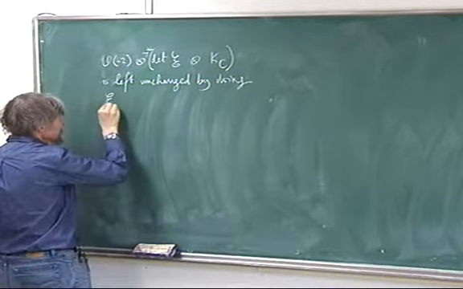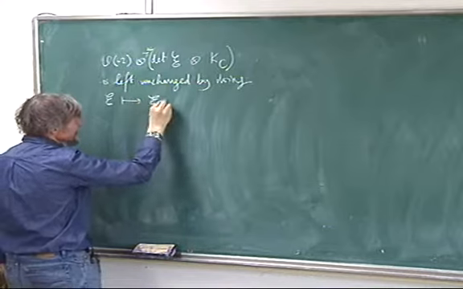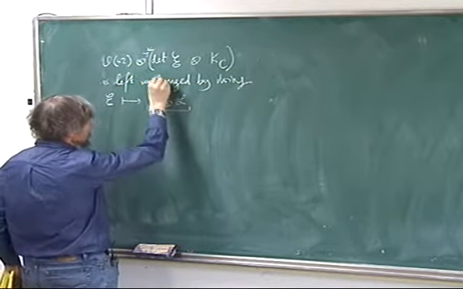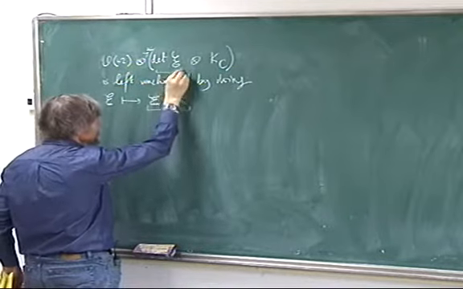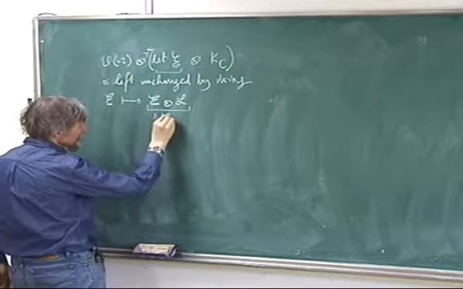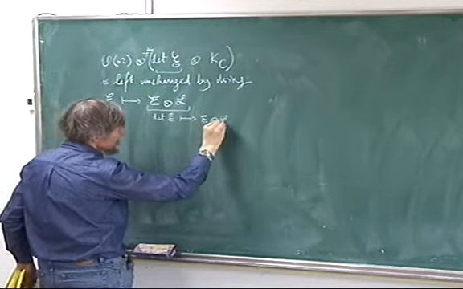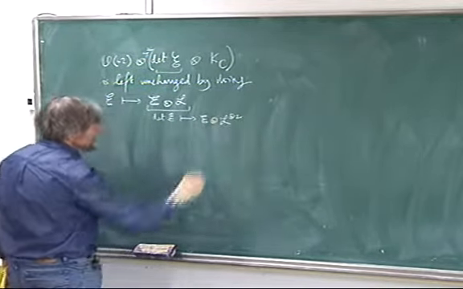E maps to E tensor some L, right? Because this of course changes E, so the determinant of E is changed to E tensor L squared, just automatically.